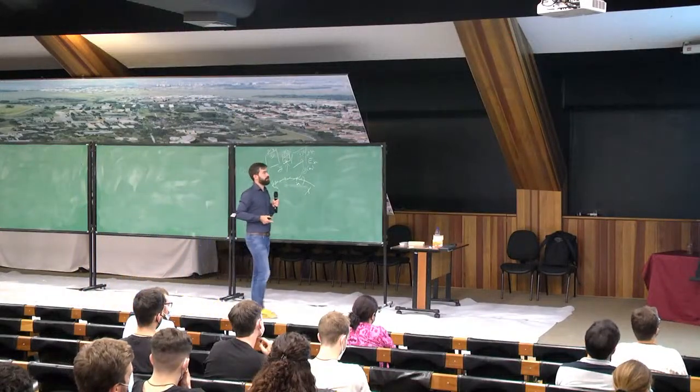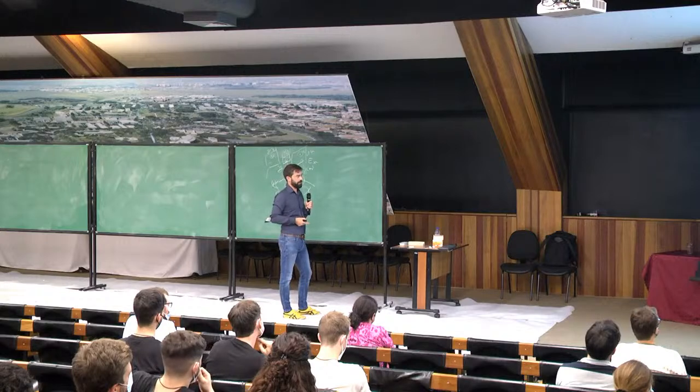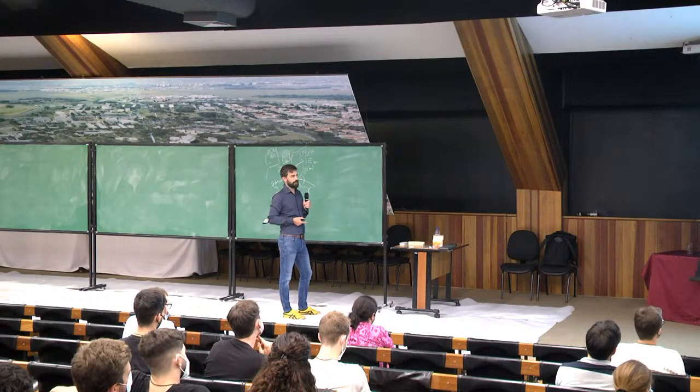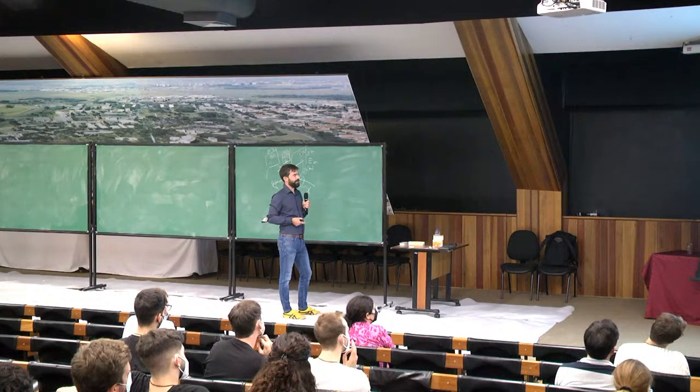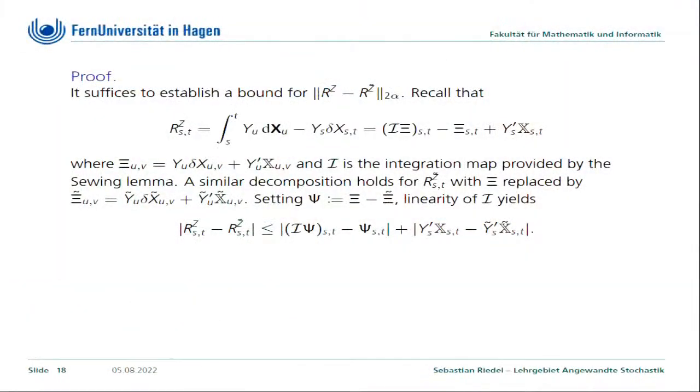Okay, so now we use the linearity of this map I in the Ewing lemma, which tells us that if we introduce here the difference psi, then the difference here can be estimated by this difference here plus this one. Now this is just the definition and the linearity.